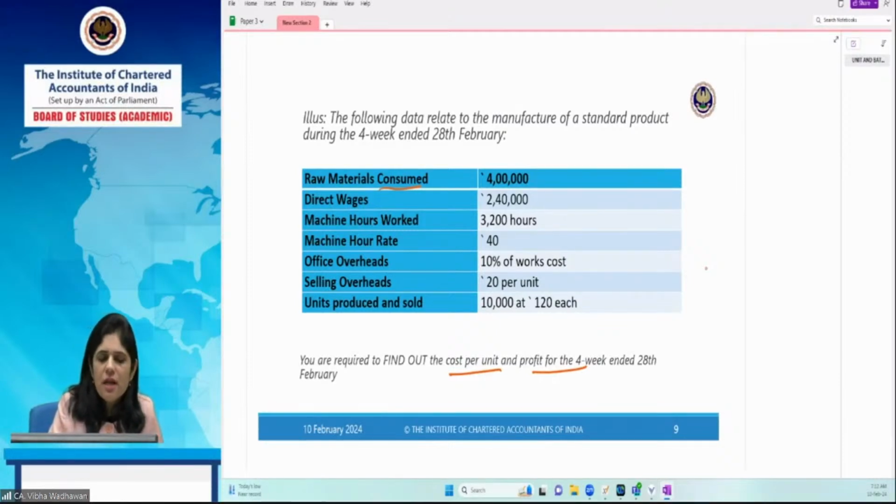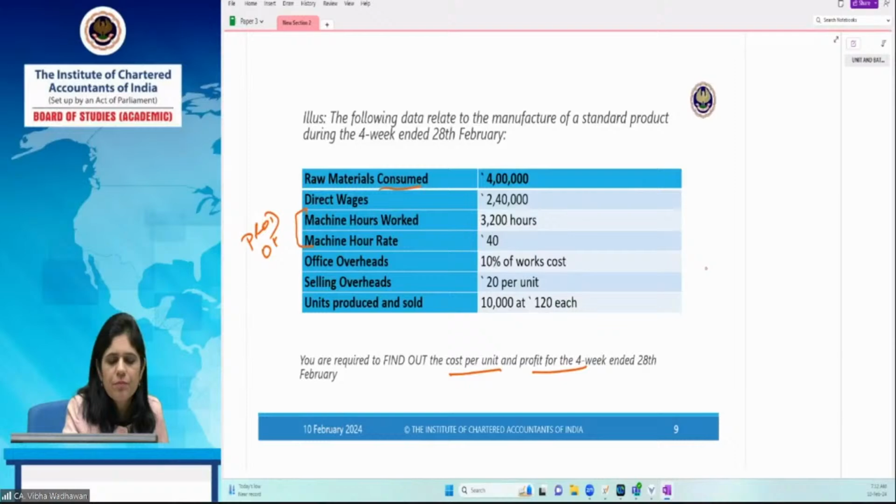Machine hours worked and machine hour rate are part of production overhead. The absorption rate of production overhead is on the basis of machine hour rate. By now you have done overheads, so I hope you understand what it means. Office overheads are given, the absorption rate.